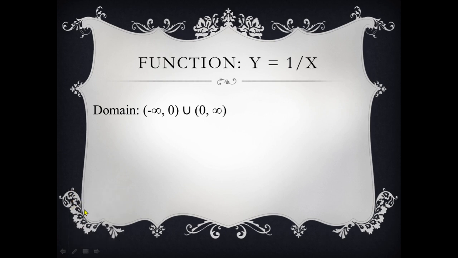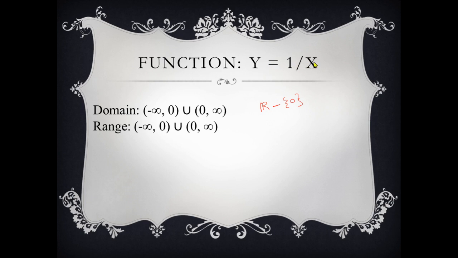You can also write this domain as the set of all real values excluding 0. Okay, that is the domain. Range is also the same, excluding 0, the y values.